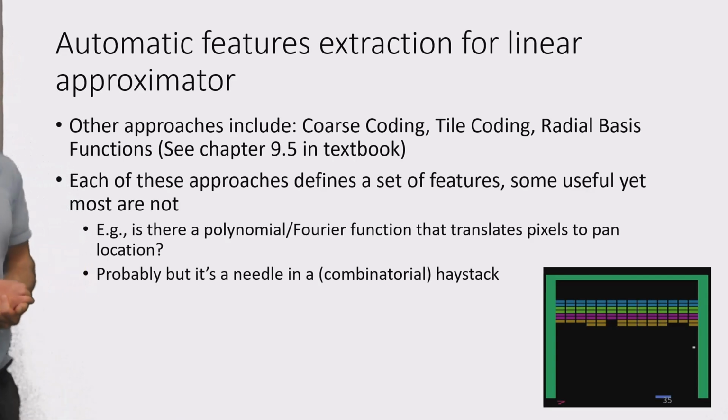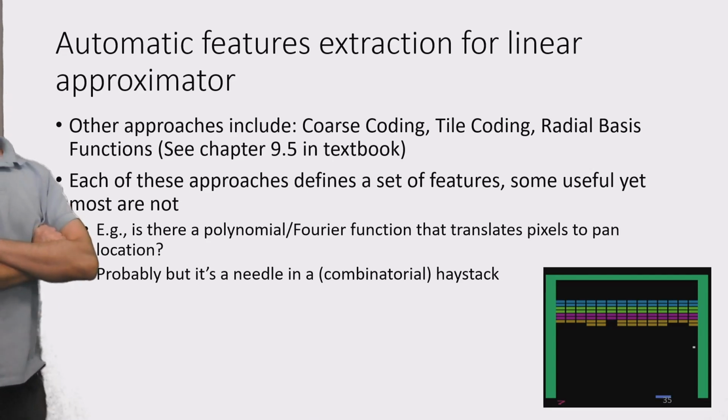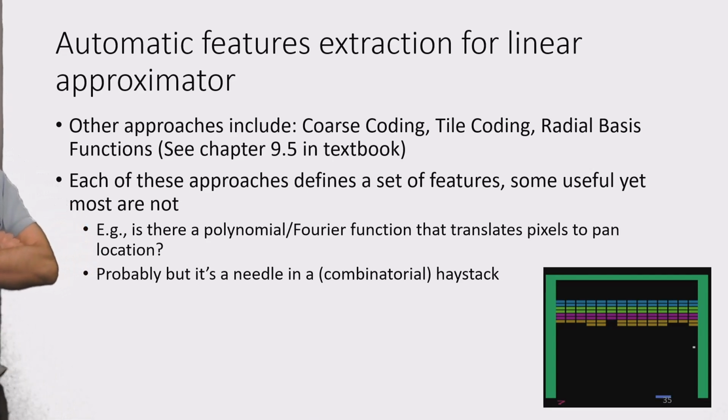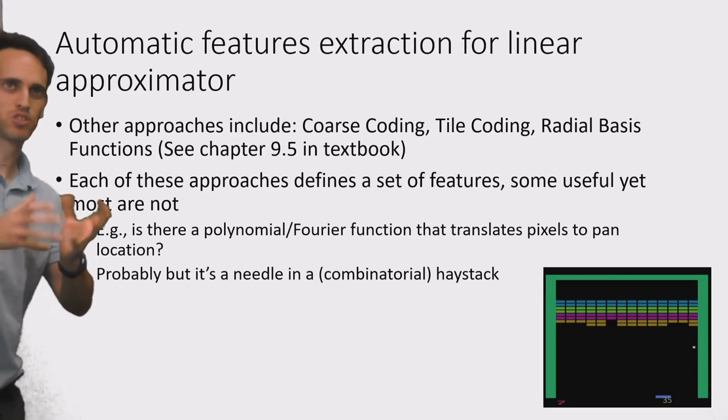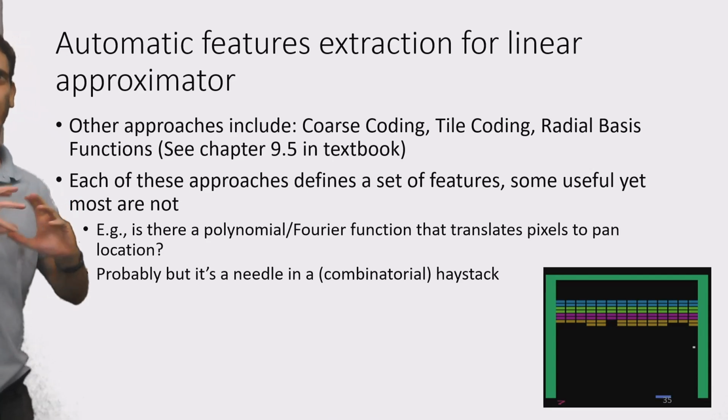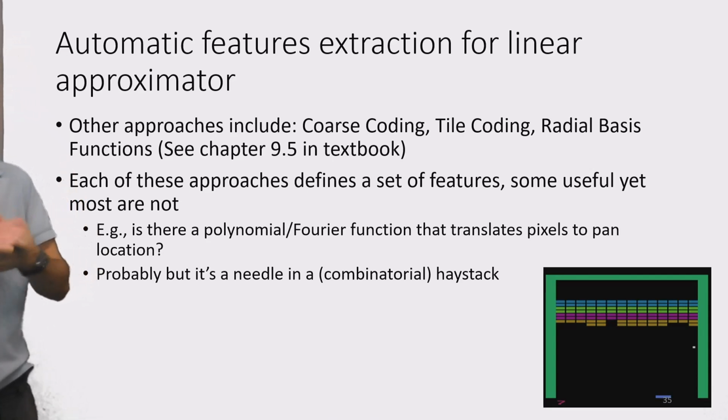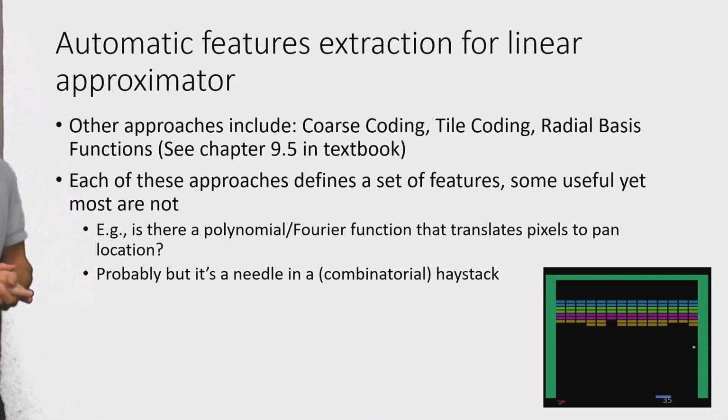At the end of the day, each of these approaches defines a set of features. They mix and match low-level features in the hopes of creating useful high-level features. Some of them will be useful, but a lot of them will not be useful.